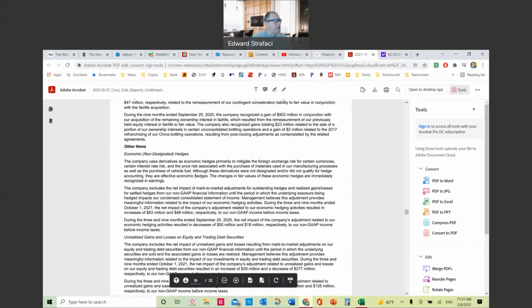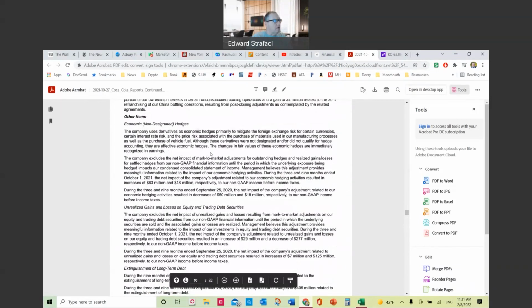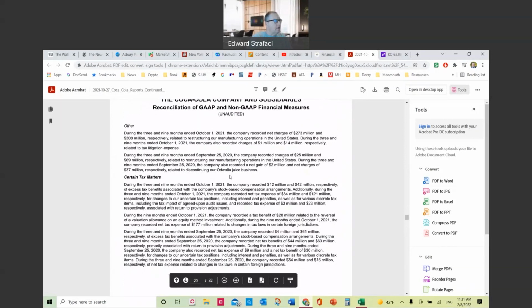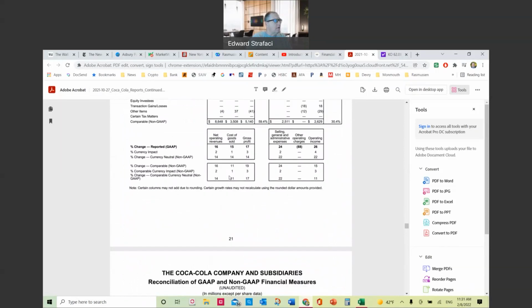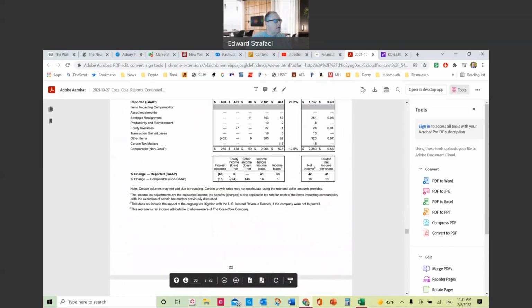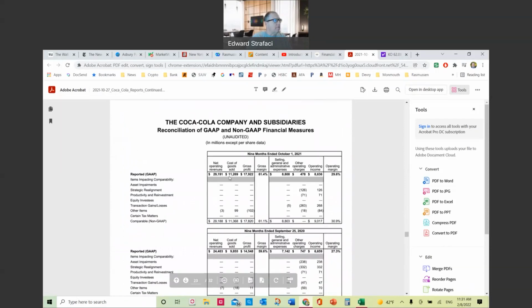You'll probably run into hedging issues or the question of hedging. And then different tax matters. So good stuff here, really good stuff.